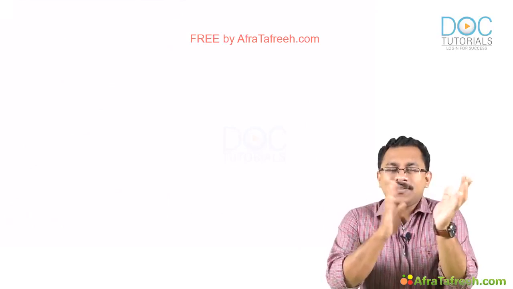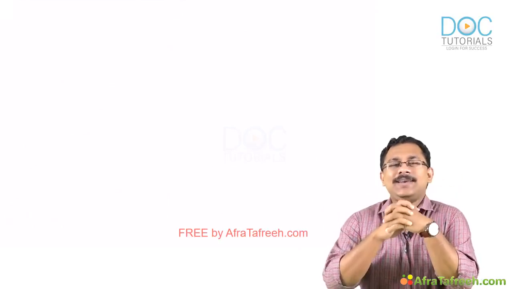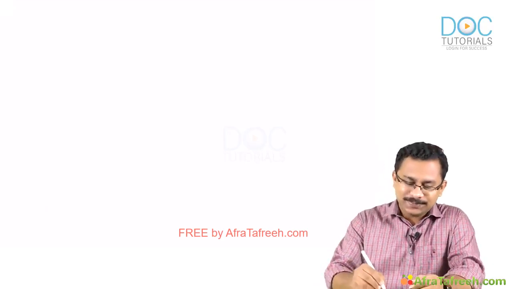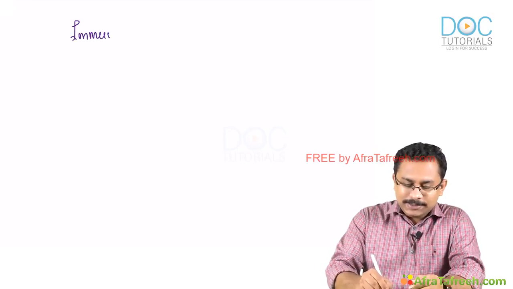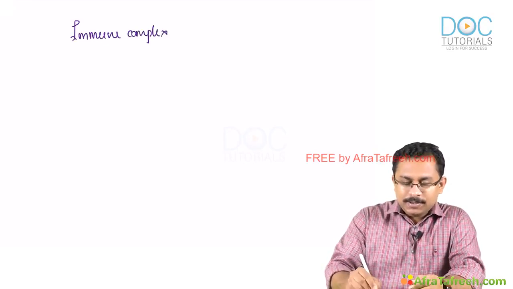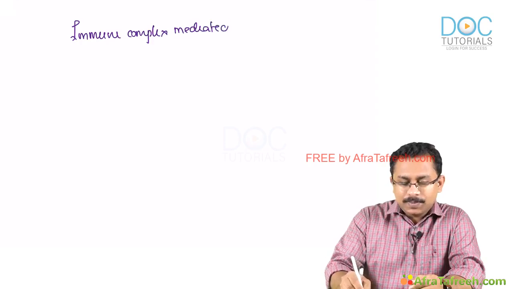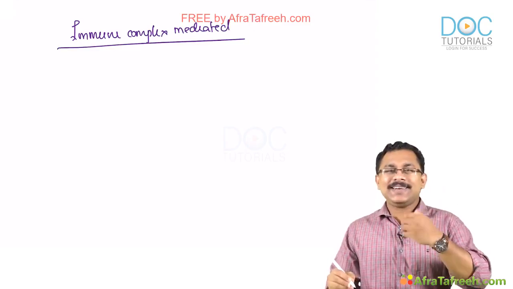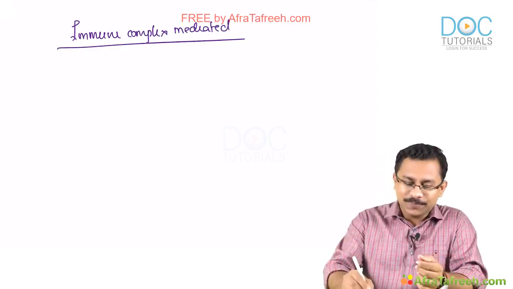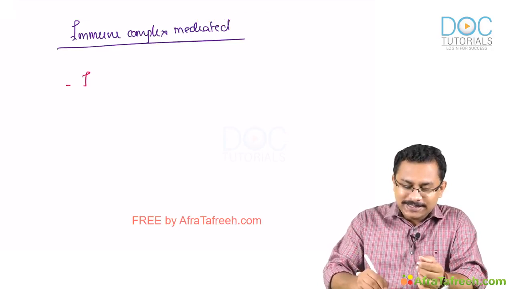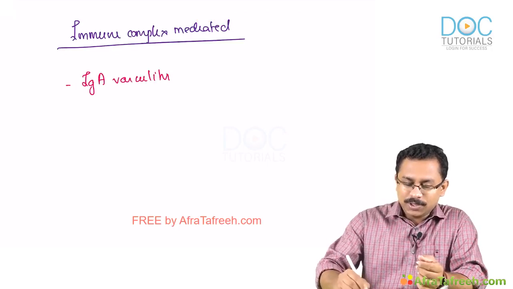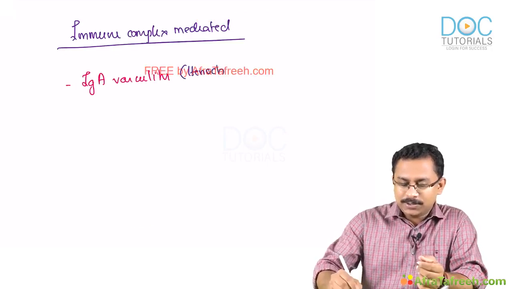Okay, so after the ANCA-associated vasculitis, we will now move on to the immune complex mediated small vessel vasculitis. Let us see what are the entities falling into this group. You have the IgA vasculitis, which is also referred to as Henoch-Schönlein purpura.